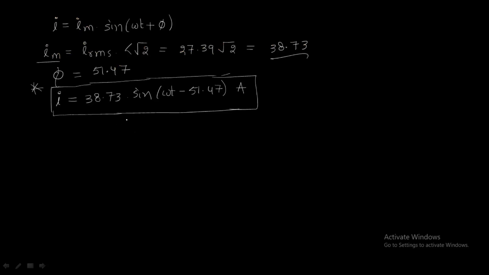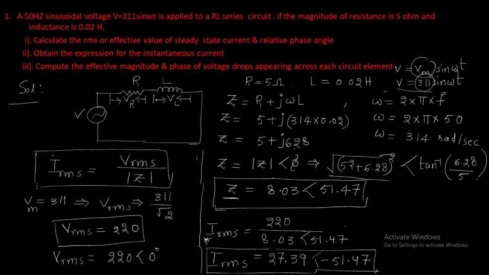Next question is to compute the voltage drops. First, the voltage across the resistance. It requires the current flowing through the resistor and the resistance value.